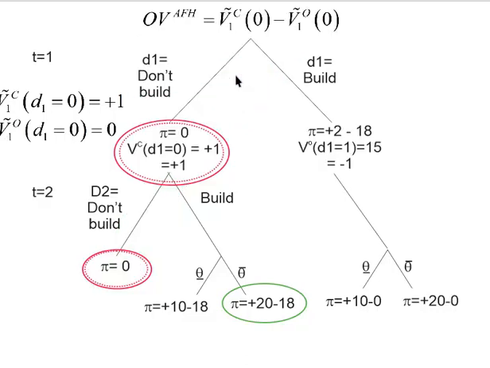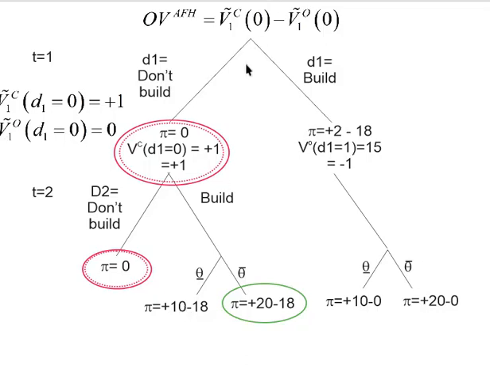The option value concept of Arrow, Fisher, Henry is slightly different. It's the difference between the closed loop decision rule, in which you come to the second period and take into account that you're going to get the information, and the open loop decision, in which you come to the second period and you don't have information. You can't take that information. It's the value of the information that you get in the future.